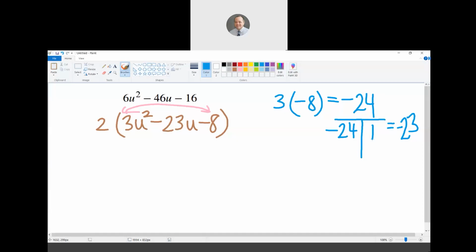Now, our next step is to rewrite the middle term using the negative 24 and 1. So that would be negative 24u plus 1u. And we'll bring down the rest of the problem.